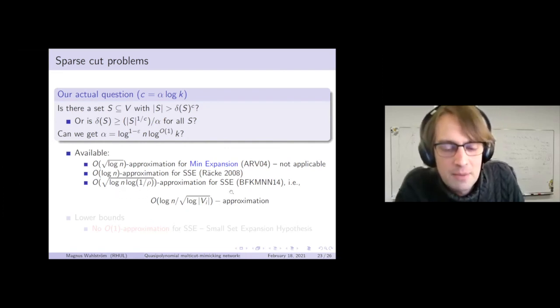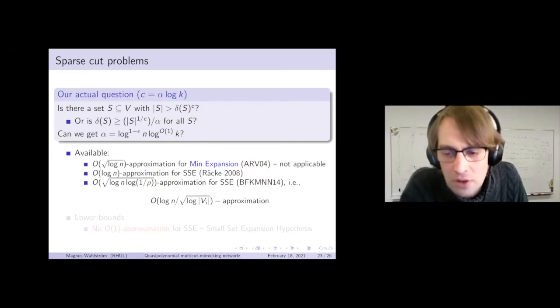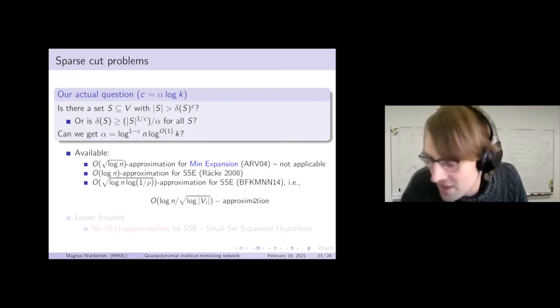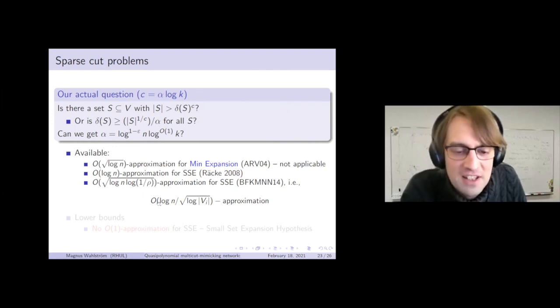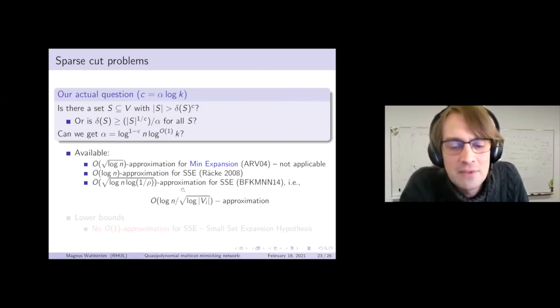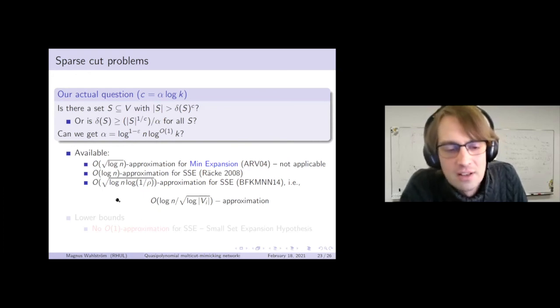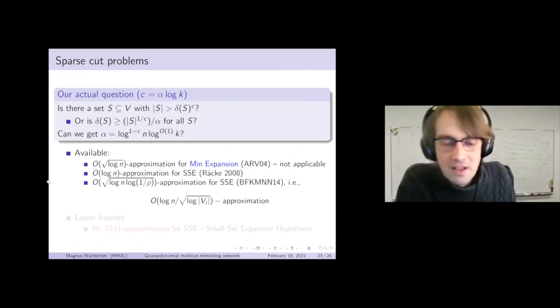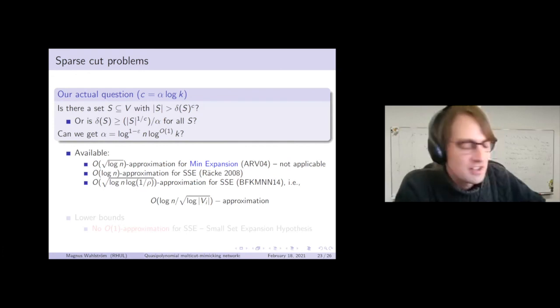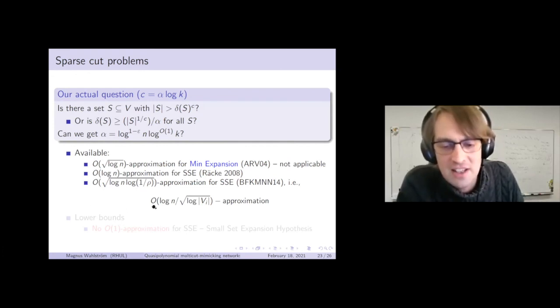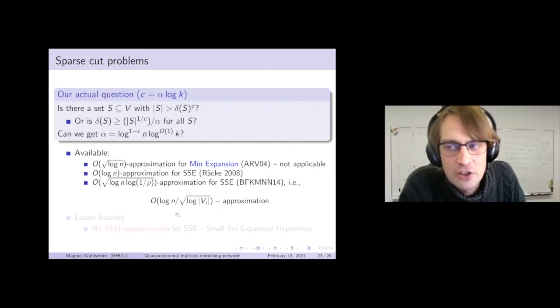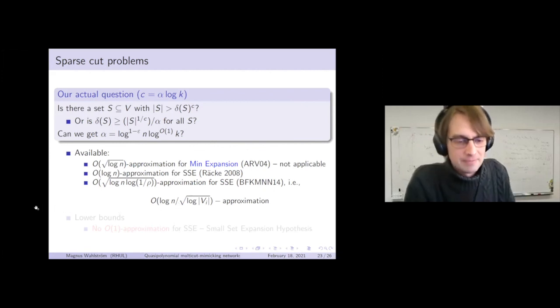There is a result of Bansal et al., more recent than the others, which gives an approximation factor of square root log n times log 1 over rho. If you look at our application and shuffle the constants around, the Bansal et al. algorithm finds a sparse cut with an approximation factor of log n divided by square root of log of the set size.